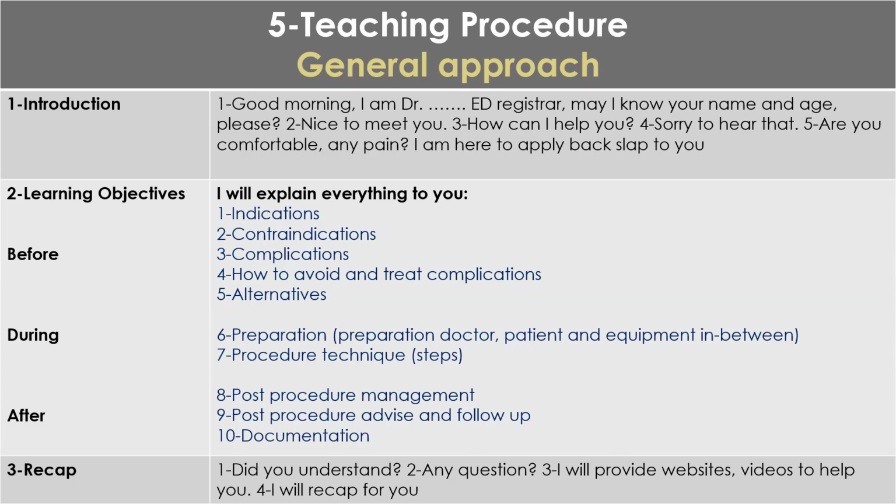I need to do back slab for you to maintain the reduction. Clear? Contraindication, you can say you don't have any open fracture, you don't have any problem in the nerves or vessels. If you don't have any of these contraindications, I will do it.